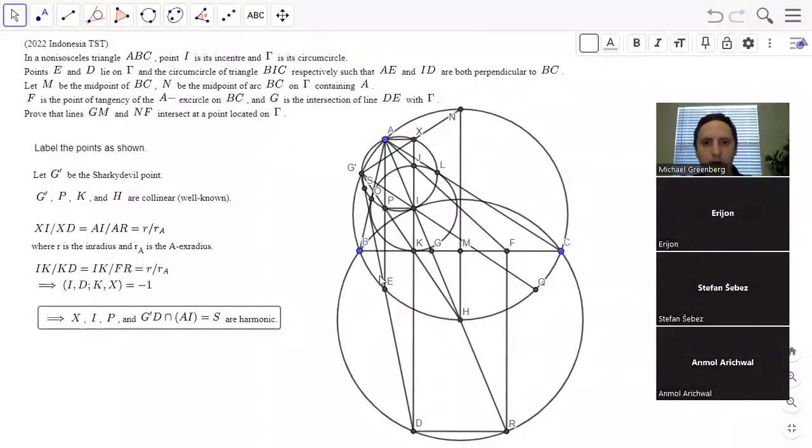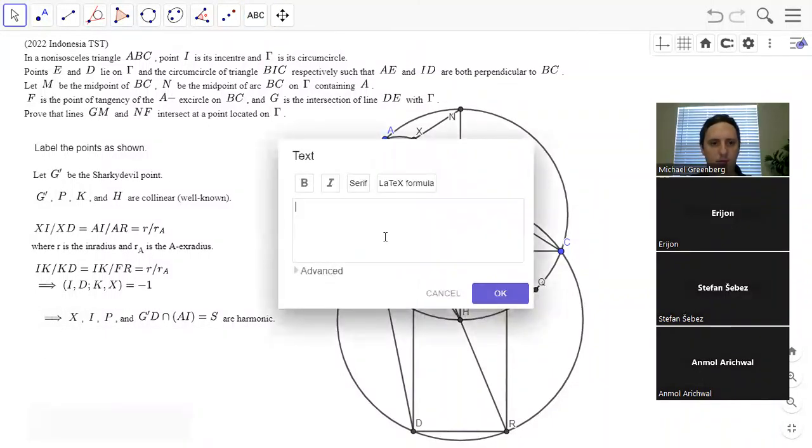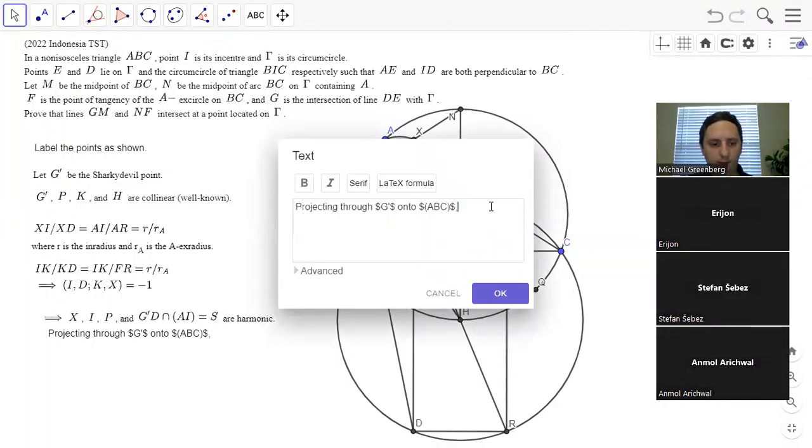And then projecting through G prime to ABC, N G prime B C, call it Y. Why not?